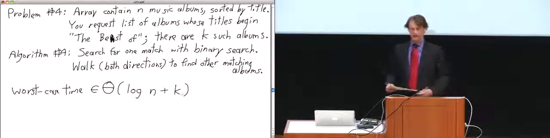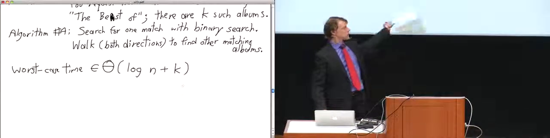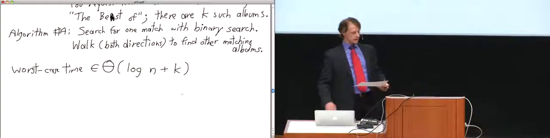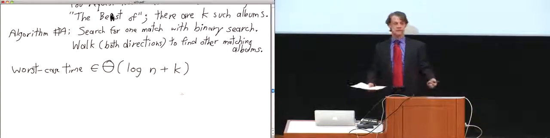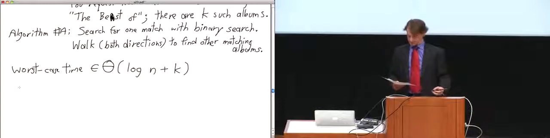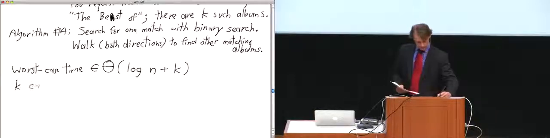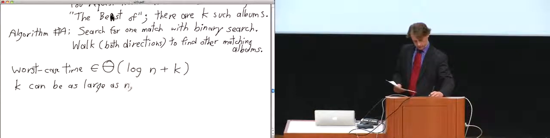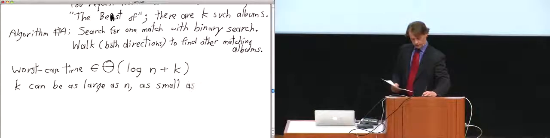But what's interesting here is that these two terms, log n and k, can't necessarily be compared with each other asymptotically. And the reason why is because k could be as large as n, or it could be as small as 0.